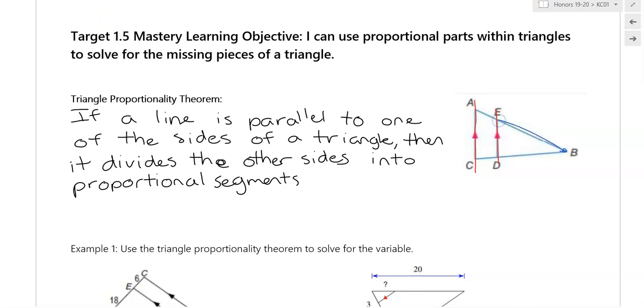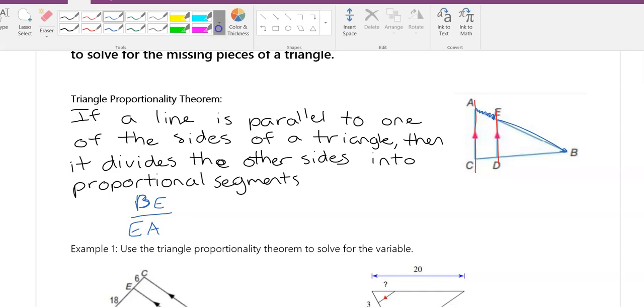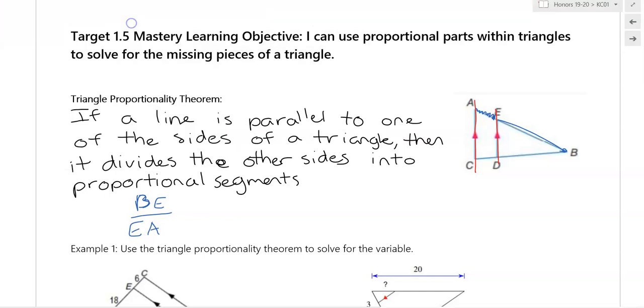If I go B to E, over, and then E to A. That's going to equal, and then same thing, I just start at that point and go B to D, and then DC. Right? Okay, so again, it's just another way of setting up, another quick theorem.